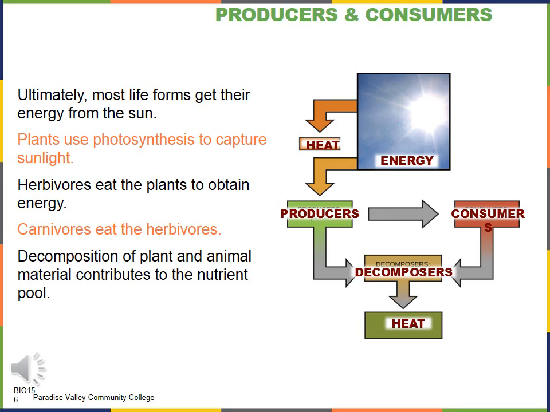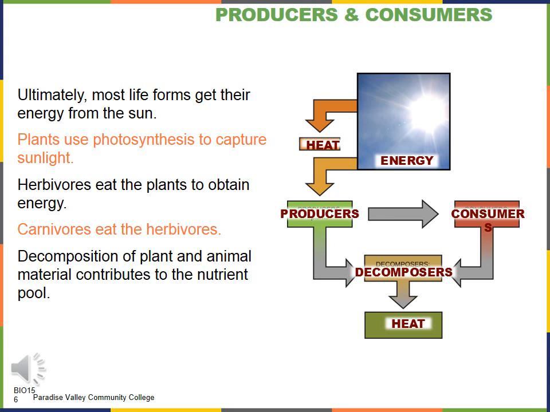If you think of it as a straight line, you'll have energy from the sun going straight to the producers, going straight to the herbivores, going straight to the carnivores. And then off to the side you might place the omnivores. The omnivores are those animals like humans that will consume not only animals, but also plants as well. And so if you are a vegetarian as a human, you are gaining more energy than someone that eats primarily meat.